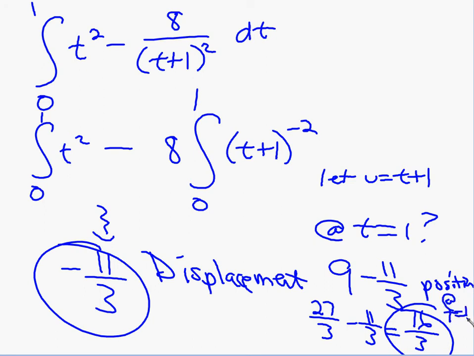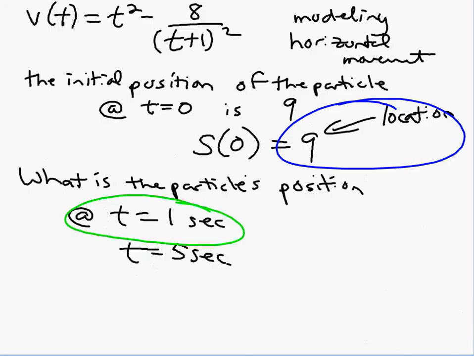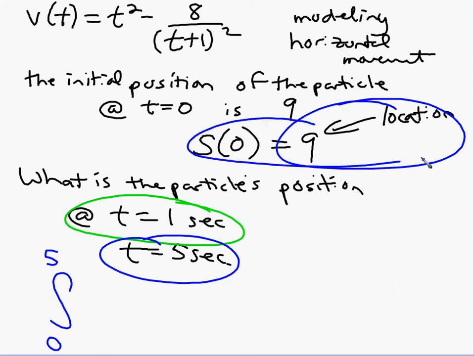Okay? What would I do if I wanted to find out its position at time 5? I would do the exact same thing. I would find the integral from 0 to 5, okay? Because I knew where it was at time 0, this is going to give me the displacement if I do this, all right? And I'm not going to go through that one.